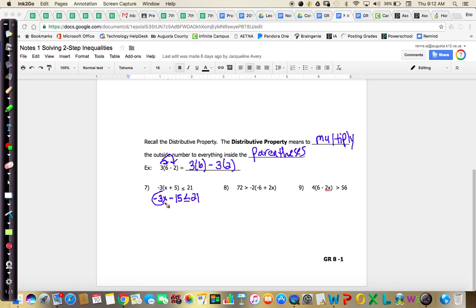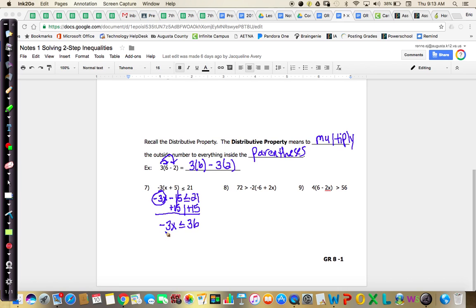Now circle your variable and draw your t. The inverse of subtracting 15 is adding 15. So the 15s will equal 0. Bring down your variable. -3x is less than or equal to 21 plus 15 is 36.